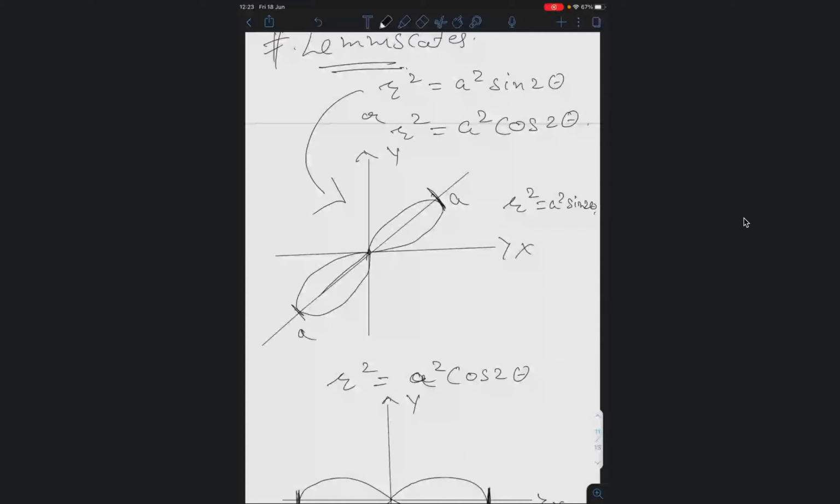Not only polar coordinates, even in Cartesian coordinates you should be able to draw the curves. You will not always get parabolas or straight lines. You may get something else also. There also you should be able to decide the region of integration. Okay. Is it clear? Am I audible? Yes, ma'am.